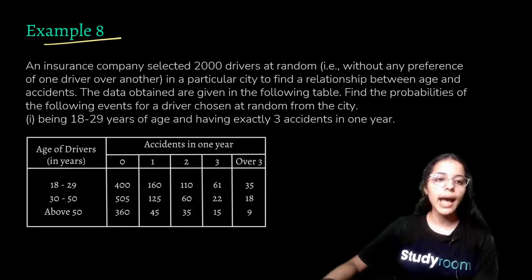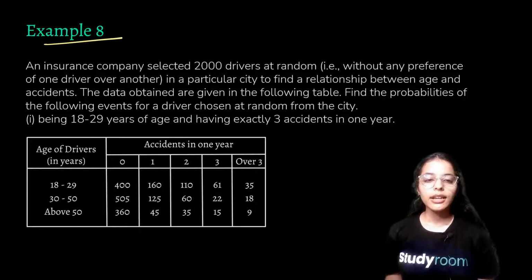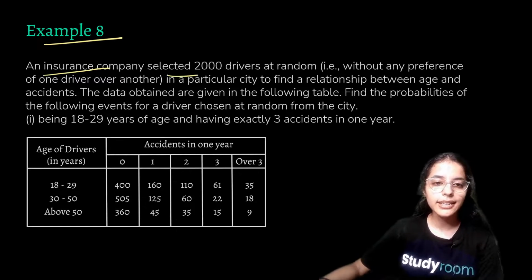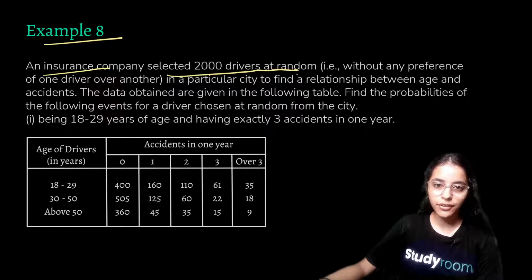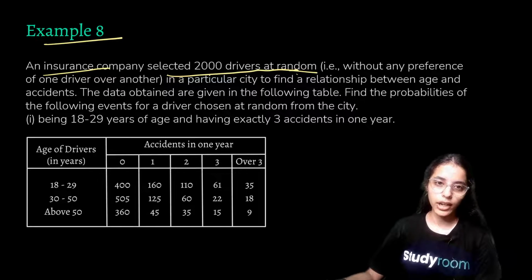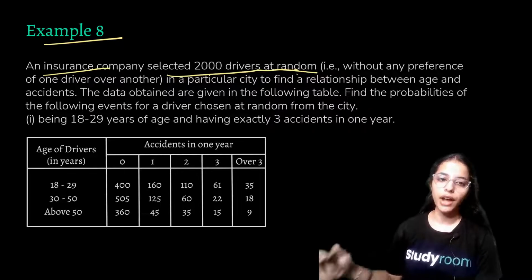Now we'll do example number 8. In this example, an insurance company has selected 2,000 drivers at random. That is, they do not have any preference of one driver over another, and they have just selected at random.